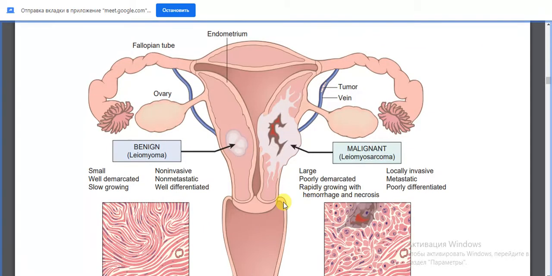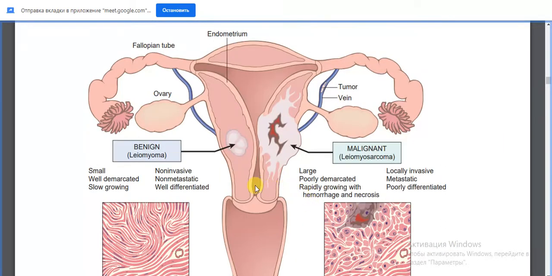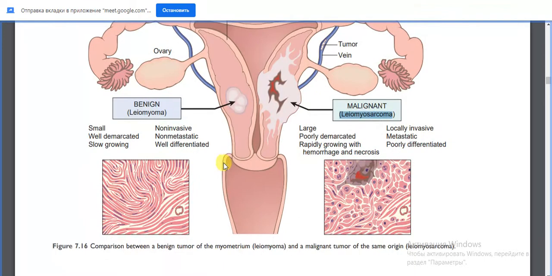Here is also an example of a benign tumor and a malignant tumor: a benign leiomyoma and a malignant leiomyosarcoma. Benign leiomyoma: you see, it is usually small, but sometimes it might be very large. It is well demarcated, which is very important. It has very well-defined borders.